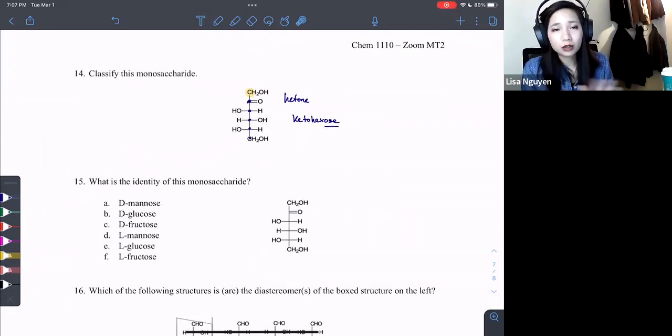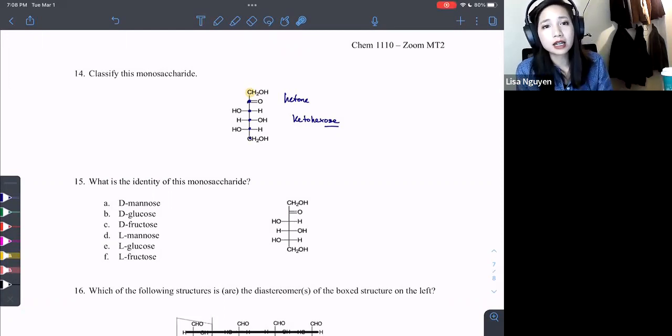We don't use the D or L, only if I'm asking you what kind of isomer it is or the identity. In this case, it would be L, but we don't say L ketohexose. We just say ketohexose to say that there are 6 carbons in the chain, and it's a ketone.